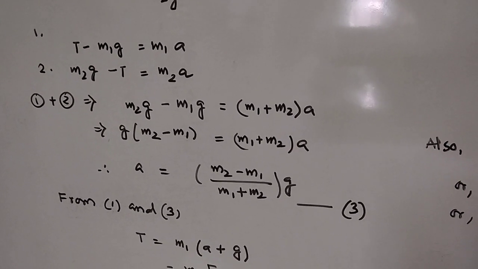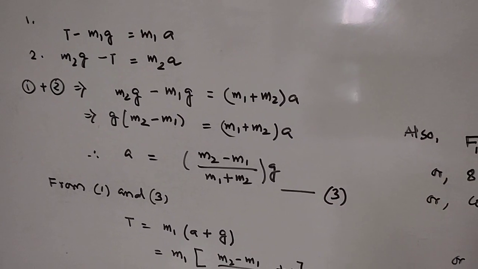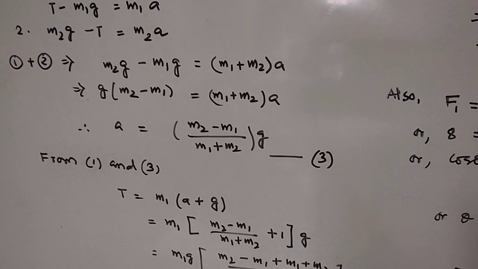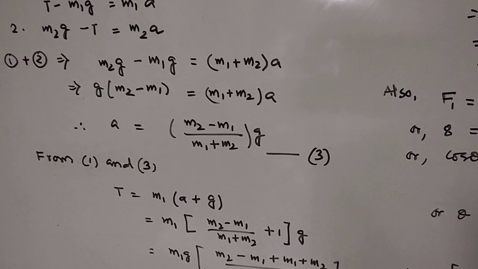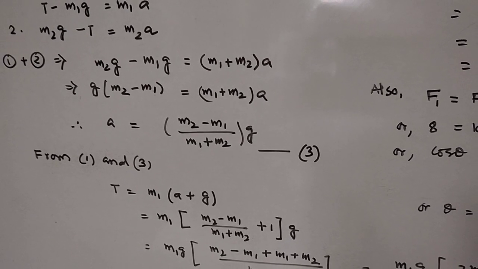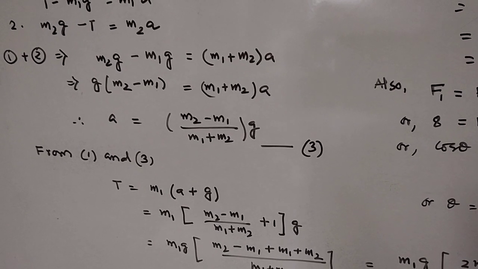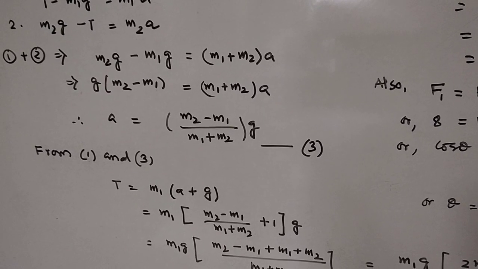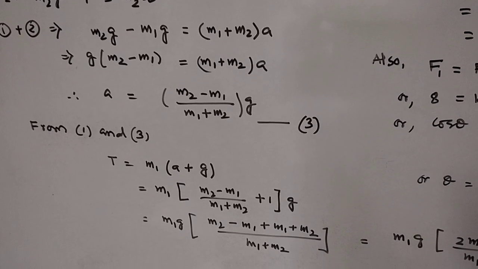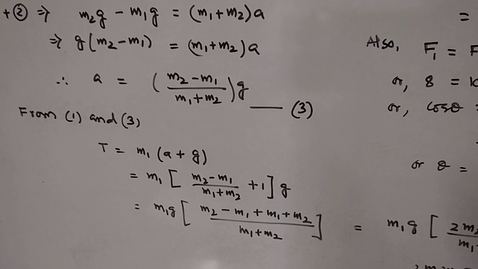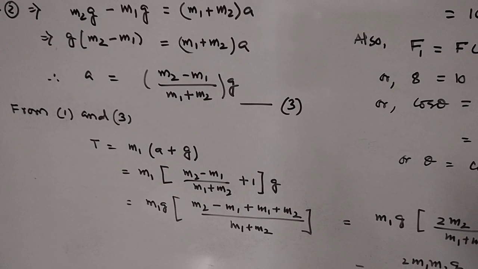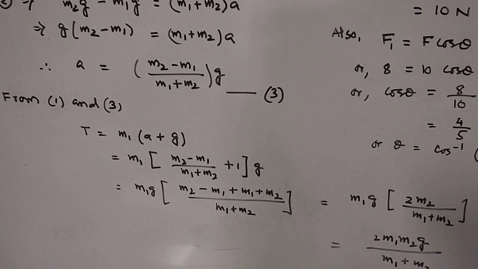Now you can find the tension T using equations 3 and 1. So if you substitute 3 in 1, you will get T equal to m1(a plus g). So m1 we have taken out, and within the bracket we have substituted a. So a is (m2 minus m1) by (m1 plus m2), and plus 1 we have written because we have taken g outside. So if you take the LCM, m1 plus m2, (m2 minus m1) plus (m1 plus m2), so minus m1 plus m1 goes off, and it's 2m2.